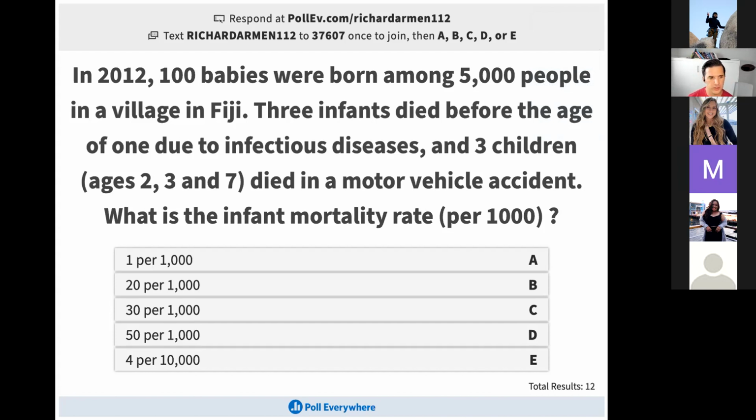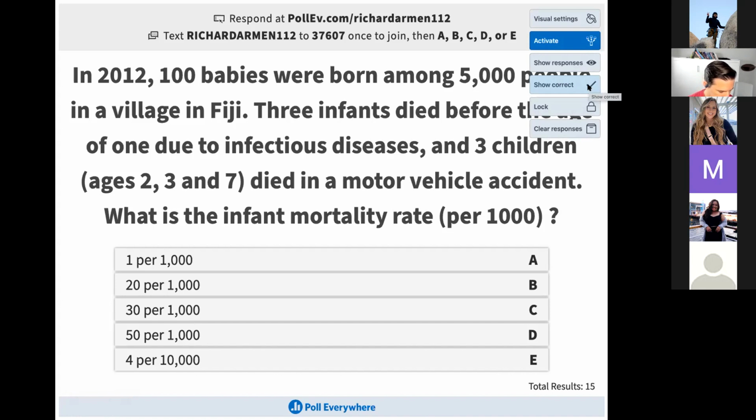Seeing 10 responses so far. Give you about 20 more seconds.